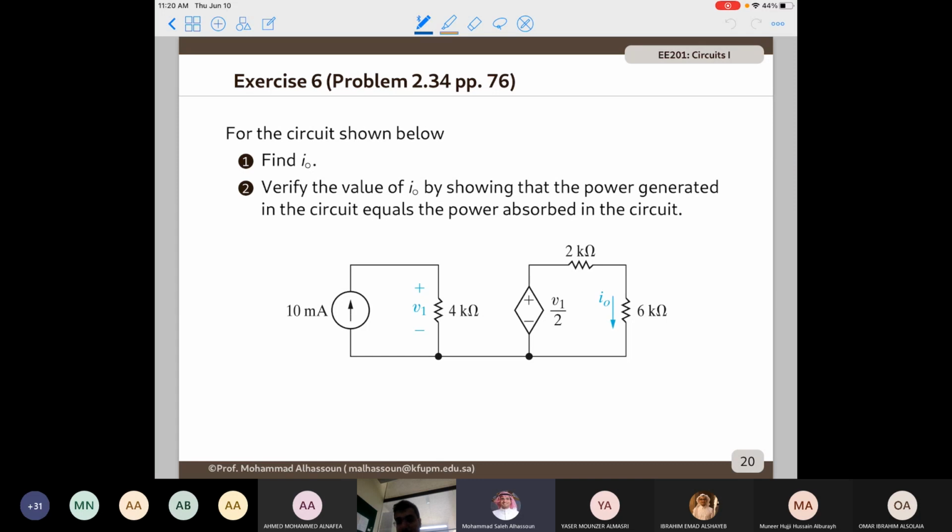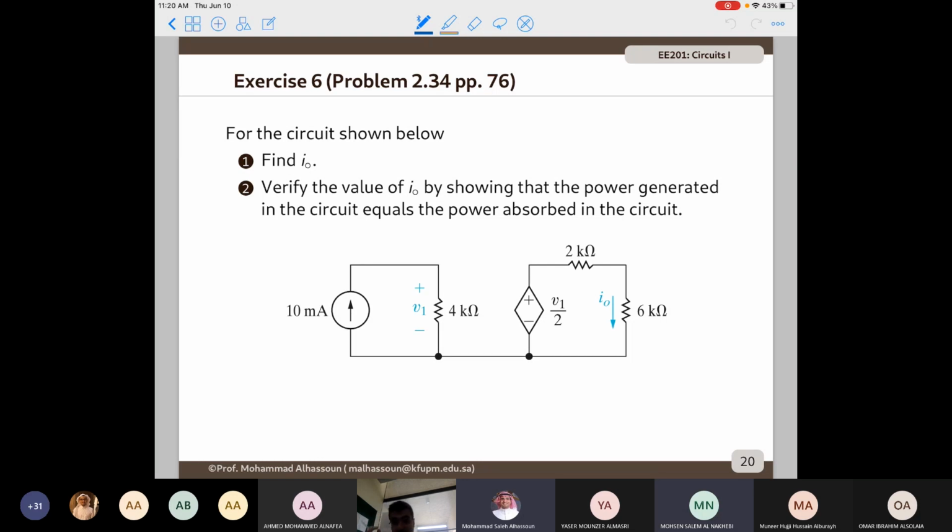Mohsen, question? No, I want to participate. Oh, okay. So in this case, if we want to verify this value by showing that the power generated in the circuit is equal to the power absorbed in the circuit, Mohsen, what will be the power generated by the 10 milliampere source?